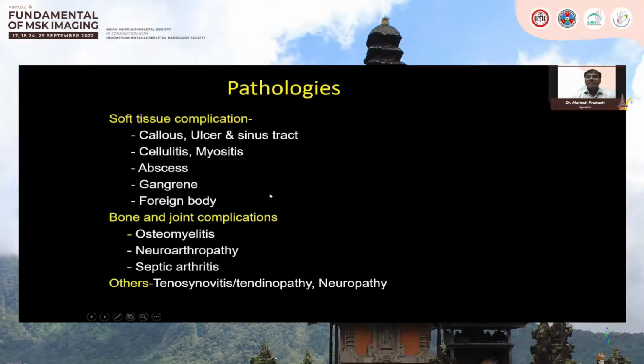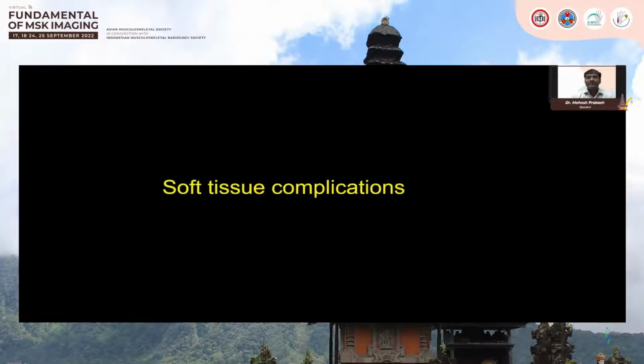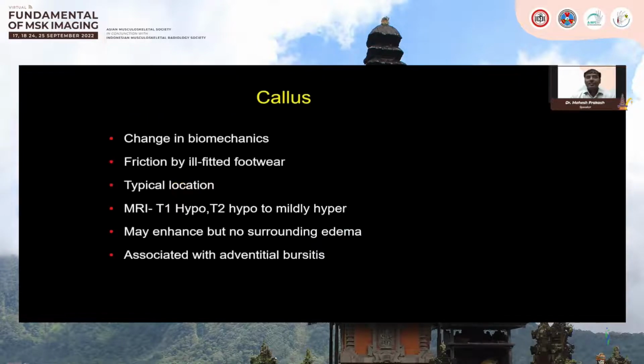So this is the list of soft tissue complications and bone and joint complications. The common soft tissue complications are cellulitis, abscess, and gangrene, and the bone and joint complications are osteomyelitis and neuroarthropathy. We'll discuss these one by one. Coming to the soft tissue complications, calluses are formed because of change in biomechanics and also because of ill-fitted footwear in these patients.